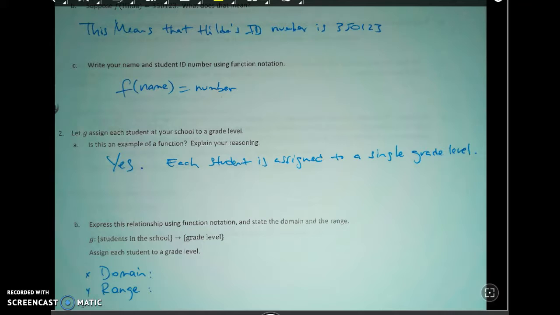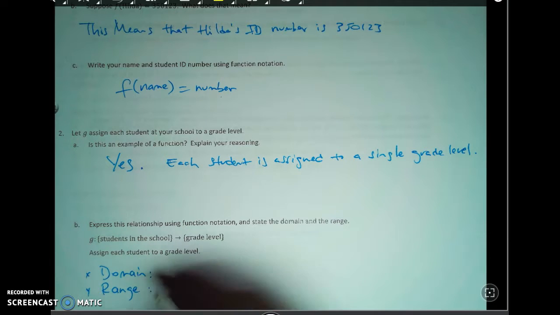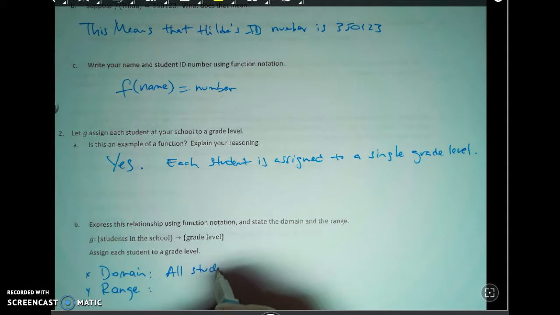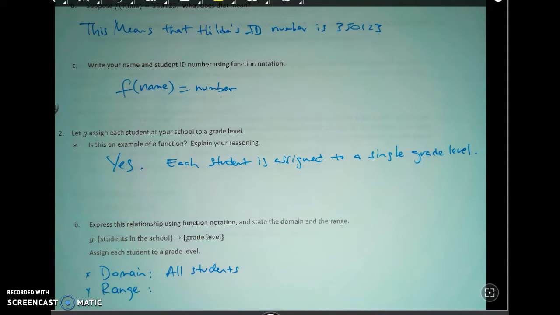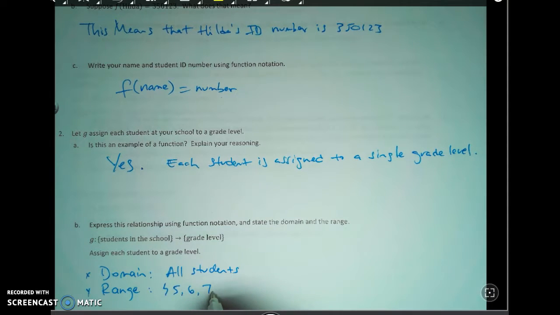B says express your relationship using function notation and state the domain and the range. If the function G represents all the students in the school being assigned a grade level, the domain is basically all the students enrolled in the school. But when we go to the range, we only have 5, 6, 7, 8. So we only have these 4 grade levels.